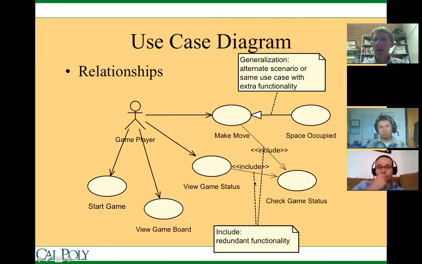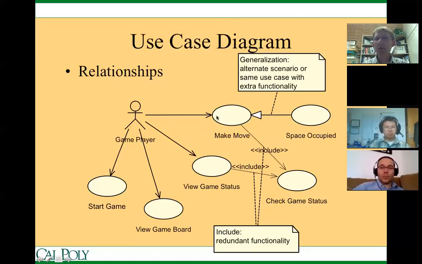There are some special relationships we can have on use case diagrams. This arrow with a big white arrowhead on it, we're going to see show up in multiple UML diagram types, and it always means the concept of generalization, where the thing it's pointing at is the more general, and the thing that's being pointed from is the more specific version of that.